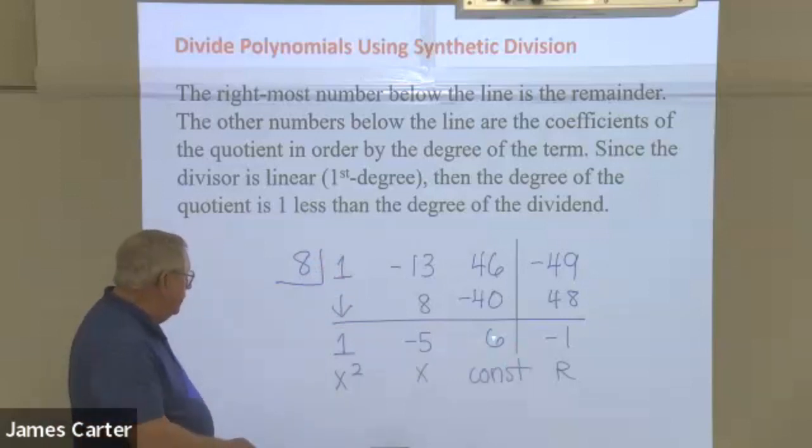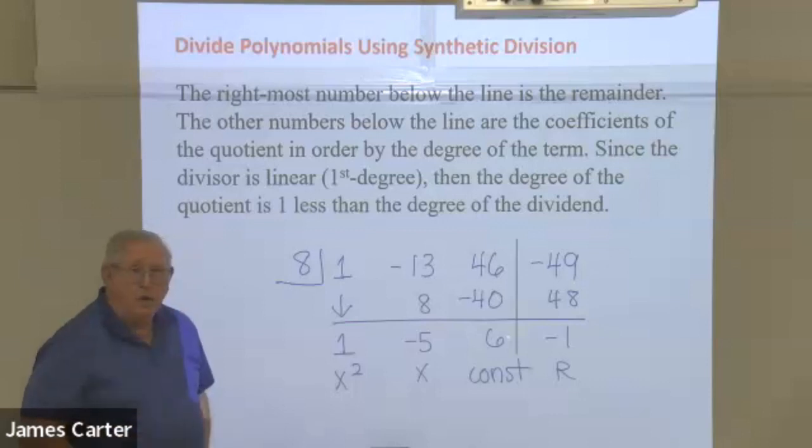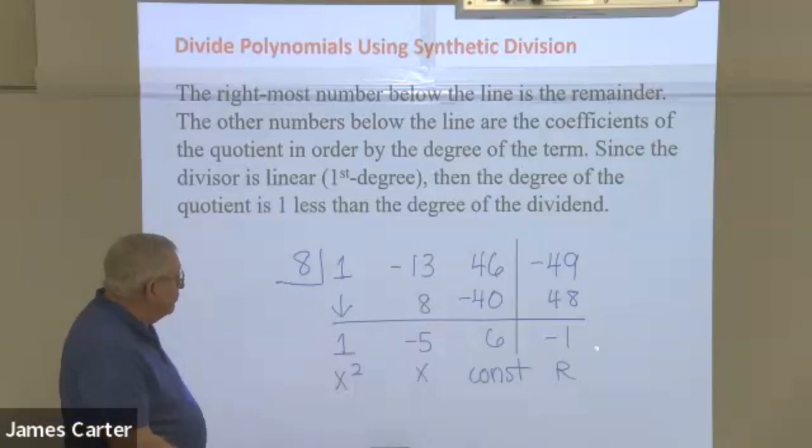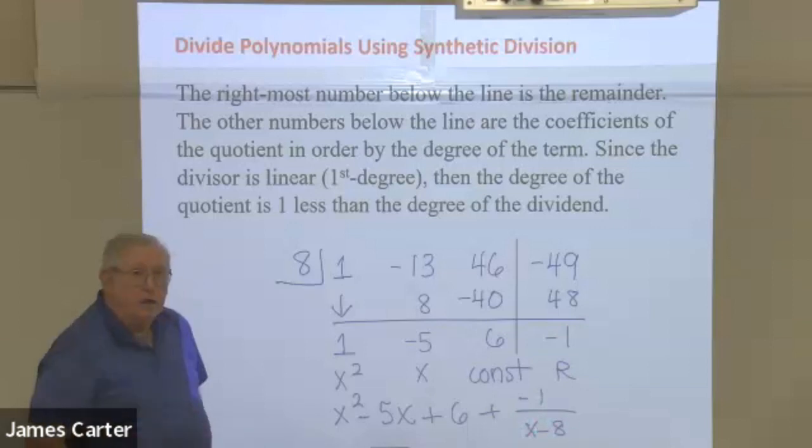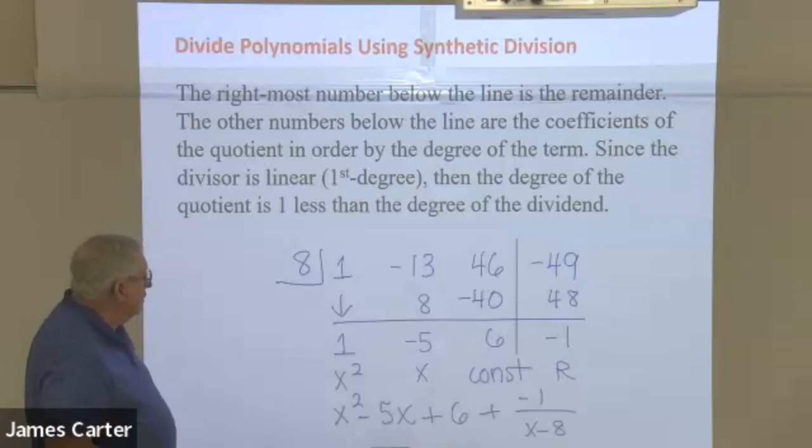And that constant, of course, would become our y-intercept were there not this remainder. So that generates the answer here of 1x squared minus 5x plus 6 plus, in fractional form, the remainder, minus 1 over the factor x minus 8. So that would be our solution on this particular problem.